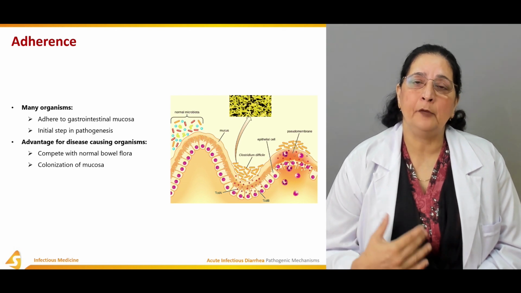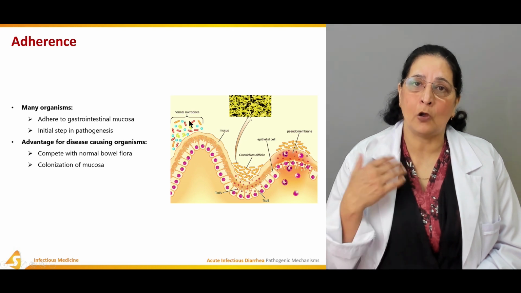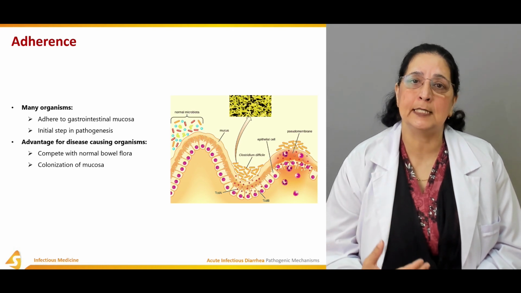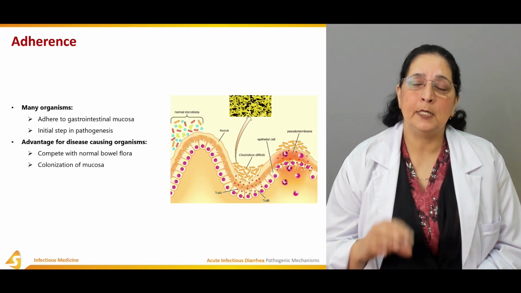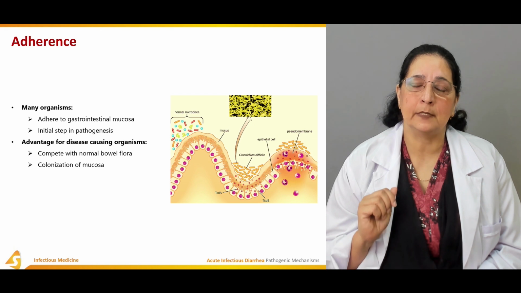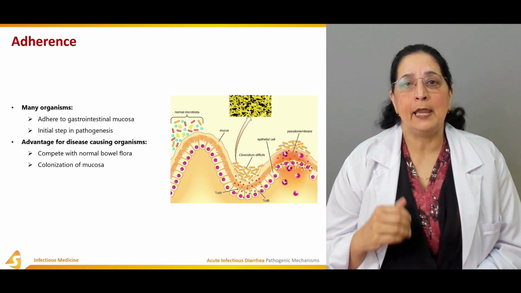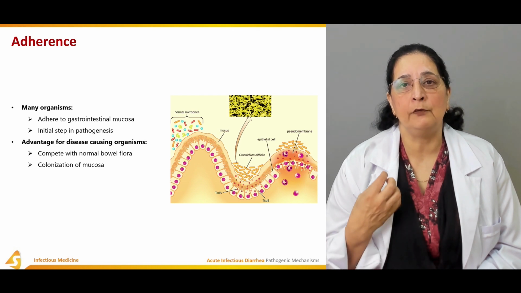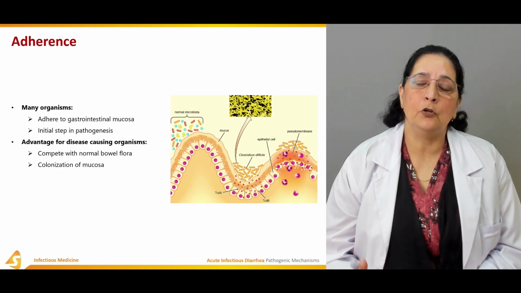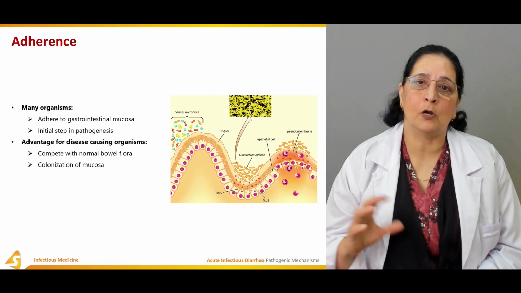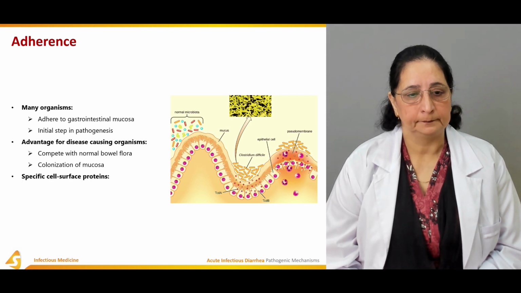So pathogenic microorganisms, here you can see there are a lot of normal flora present in the intestine also, and once the pathogenic microorganisms adhere to the mucosal wall, they have to fight that normal flora to cause infection. So they compete with the normal flora, and then they cause colonization of the mucosa.